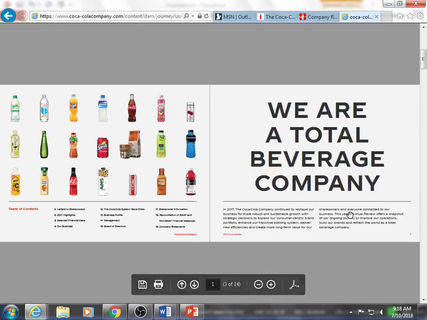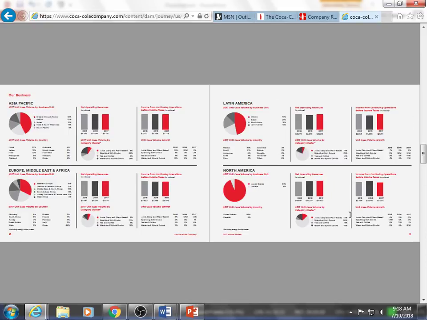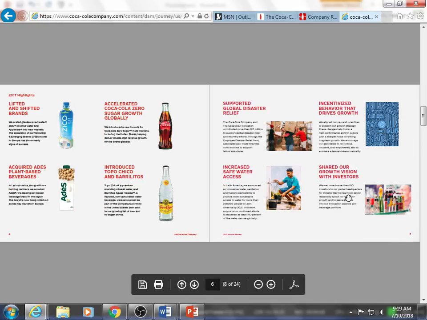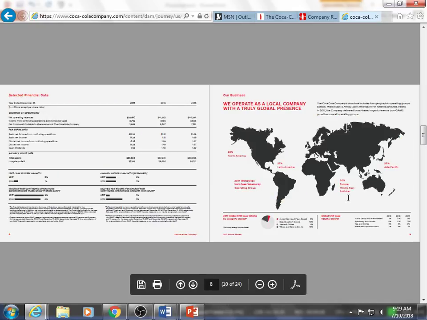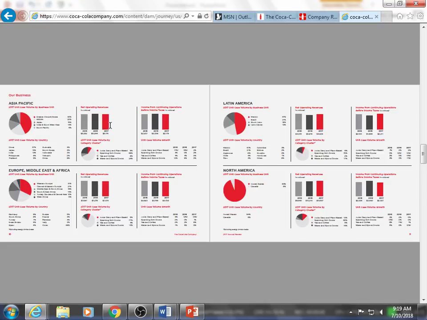Now there is a financial statement section. How can we make this larger? Oh, there you go. There's a page with pie charts and bar graphs. We need the section, no, that's selected financial data. I'll show you what we talk about. Just one second.